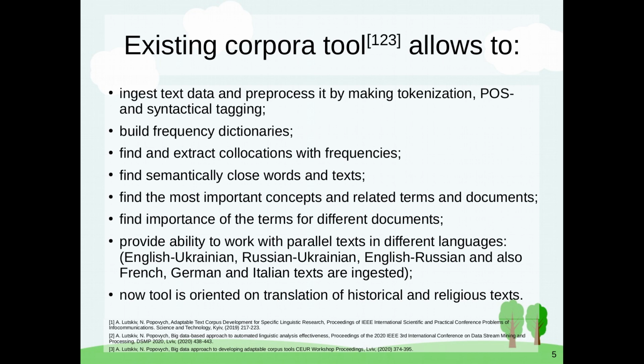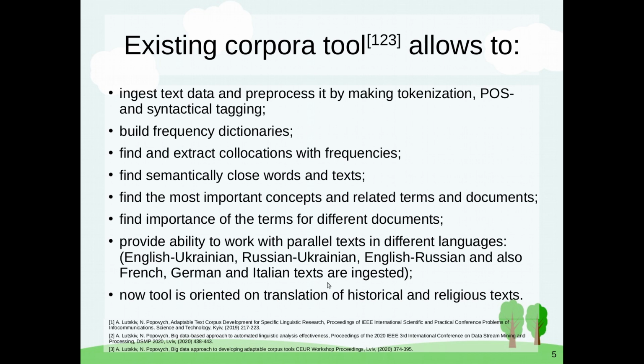It also provides the ability to work with parallel texts in different languages. English-Ukrainian pair, Russian-Ukrainian pair, English-Russian pair, and also French, German, and Italian texts are ingested, but text pairs are not prepared. Nowadays, only these three pairs are available, and we worked with them.